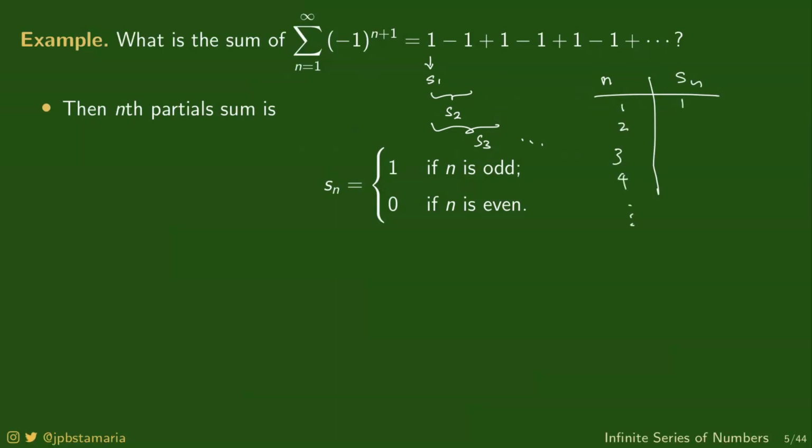When n is 1, that's 1, 0, 1, 0. So, there's a pattern. The pattern is that S_n is 1 if n is odd, and S_n is 0 if n is even. You see that?